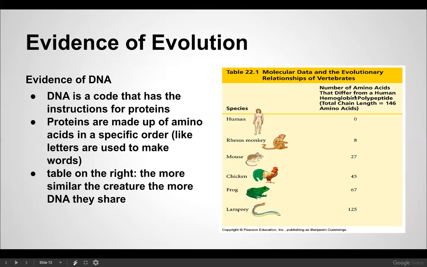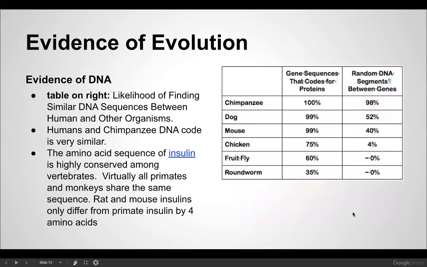The number of amino acids that differ from human hemoglobin polypeptide, total chain length equals 146 amino acids. Ours is pretty much the same as the monkey, only a couple changes. As we get different from us, become less like humans, there is an increase in the number of differences in our amino acid chain for the hemoglobin polypeptide.